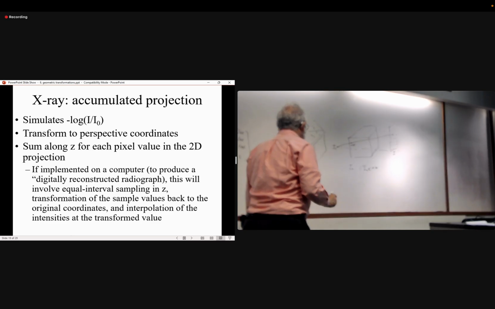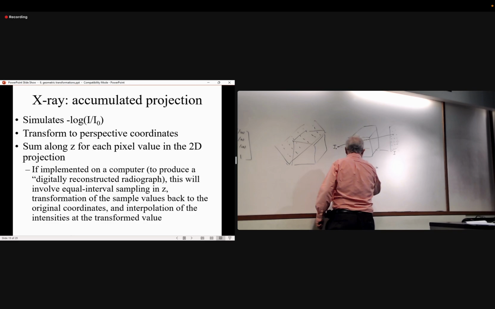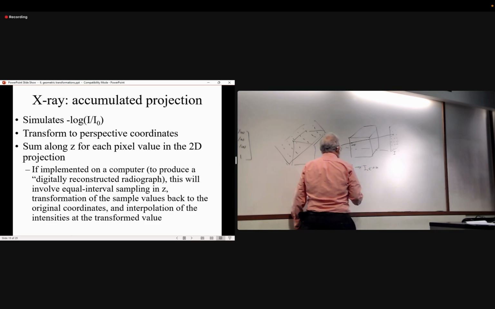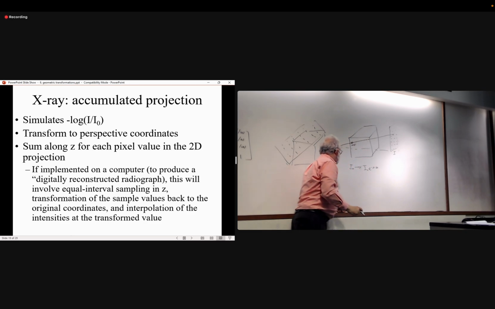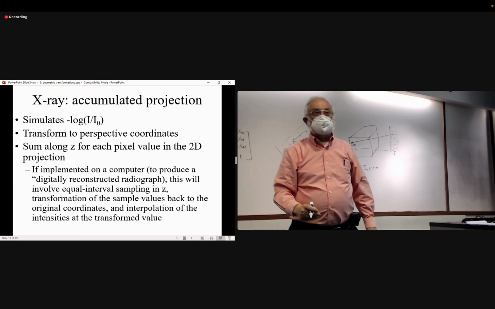Okay, so what I'm saying is that at the input to that little interval, you have I0, and then the output is I0 times e to the minus mu delta x.